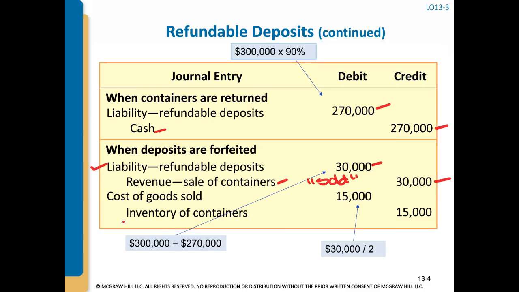So if the deposit that was forfeited was $30,000, that means the cost of the containers was $15,000, since 15,000 times 2 is what we charge for the deposit. So we're going to credit inventory of the containers for $15,000, and the debit goes to cost of goods sold. It's just like a typical sale is made when we take the inventory off our books: debit cost of goods sold, credit inventory.